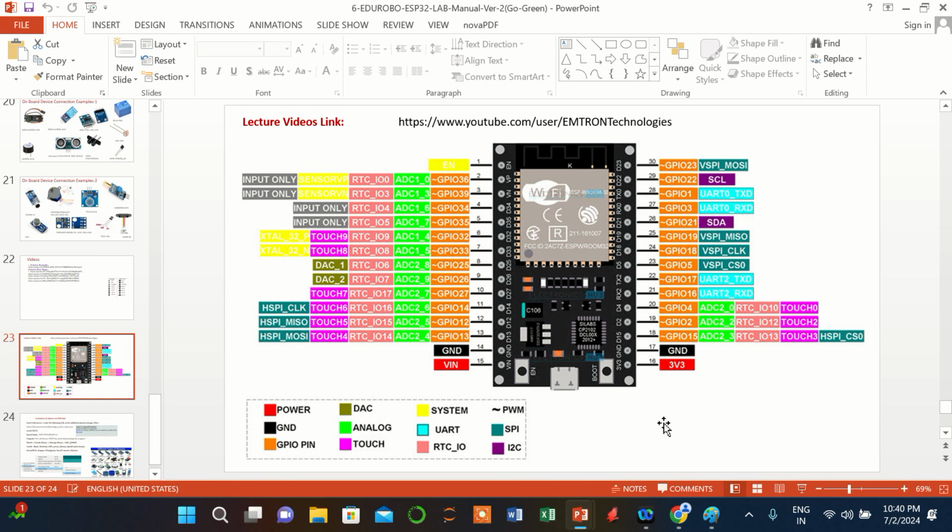Other than pin numbers 1, 14, 15, 16, 17, all other pins shown in orange, like GPIO 36, 39, 34 to GPIO 23, which is pin number 30, are called general purpose input output lines.